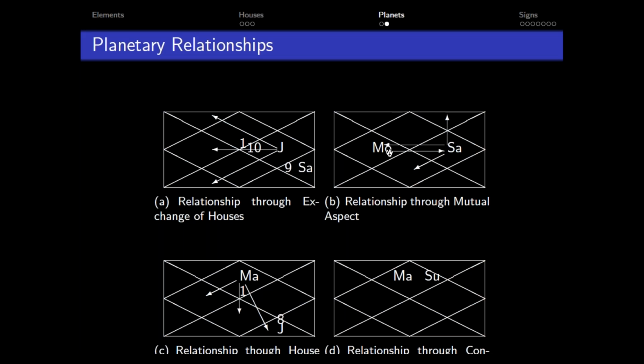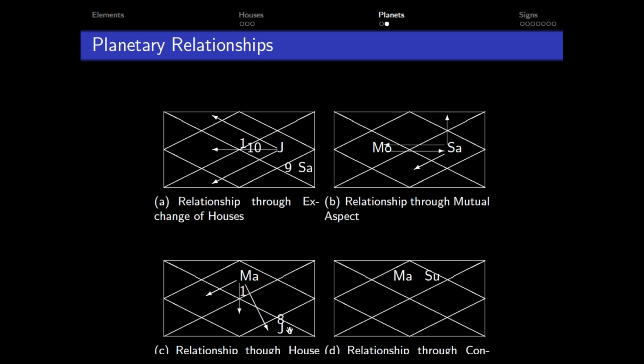Now we will go to figure number C. Jupiter is placed in Scorpio and it is Aries ascendant. Now Mars is placed in Aries and Mars is aspecting Jupiter with the eighth aspect.